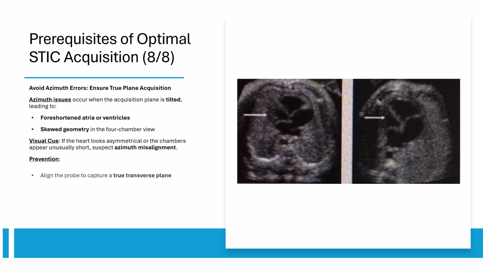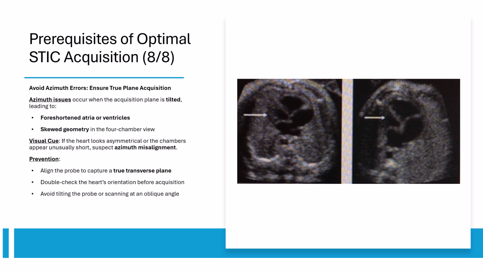To prevent this, ensure the probe is aligned to capture a true transverse plane. Double check the heart's orientation before starting acquisition, and avoid tilting the probe or scanning at an oblique angle. Remember, capturing true anatomical planes is essential for accurate representation of chamber length, shape, and symmetry.